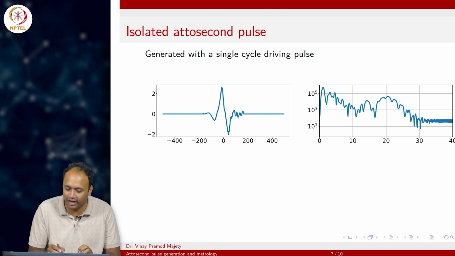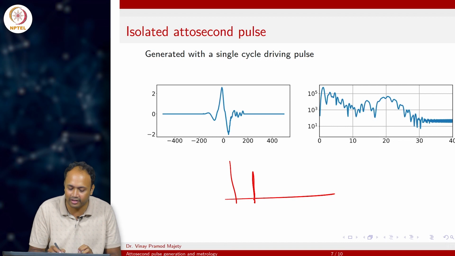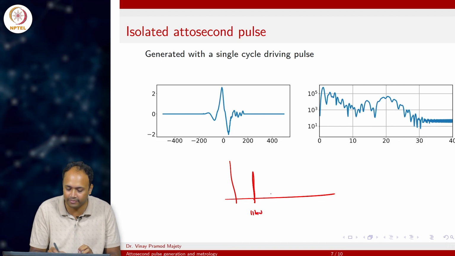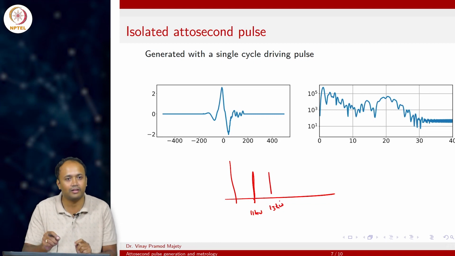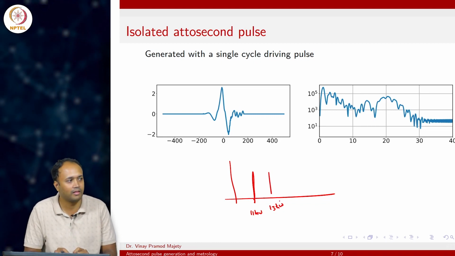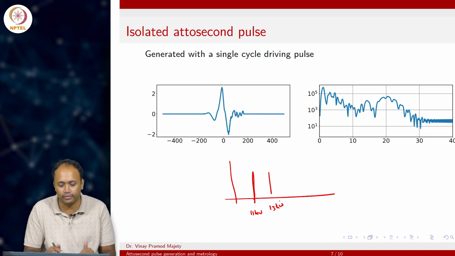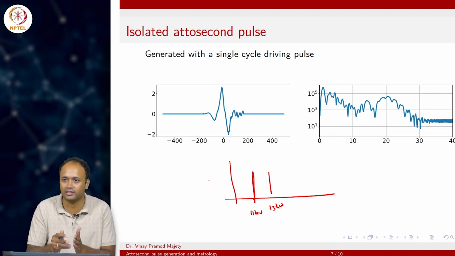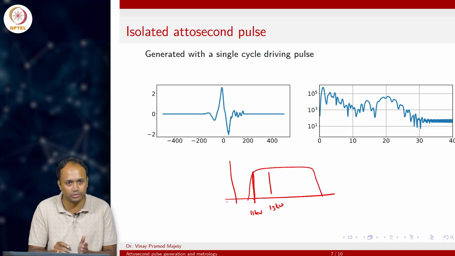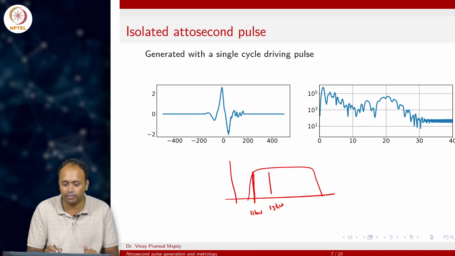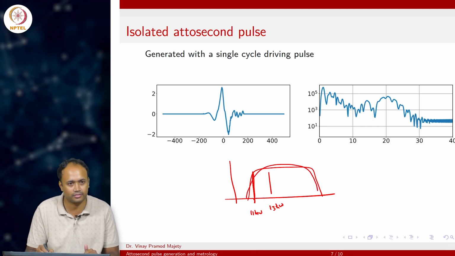When we talk about harmonics, what one has in mind is a delta-like behavior at, let's say, 11 ħω, at 13 ħω, and so on. I have clear peaks in the harmonic spectrum. But if I have a single pulse and I do a Fourier transform of it, it will span the same frequency window. Let's say this is my plateau region. It will still span the same width, but I don't have clear peaks. It becomes a smooth function.